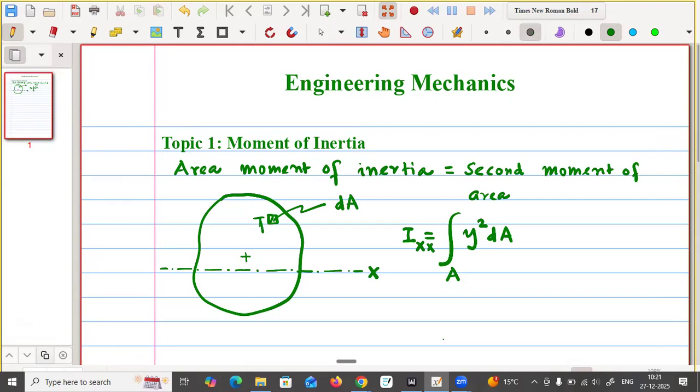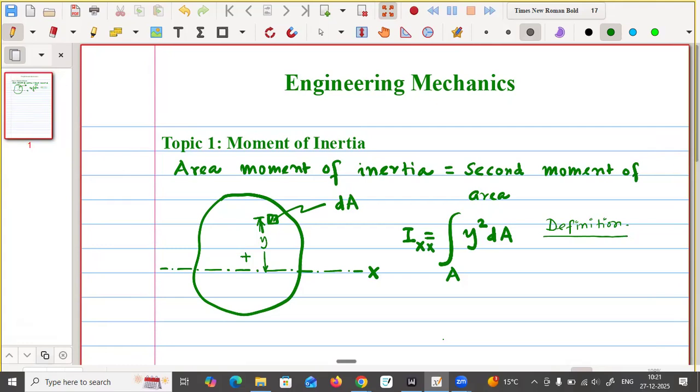This is y, the square of that y is this, and this is dA, that is the area. Okay, first of all, is it clear? That means this is the definition. Area moment of inertia is defined this way.